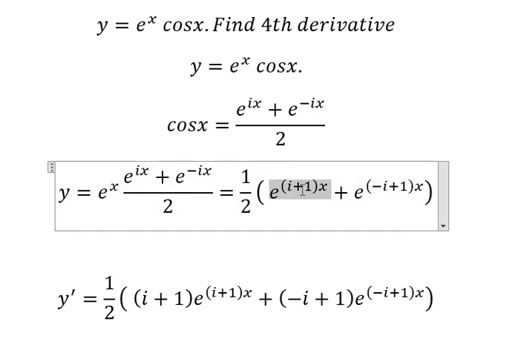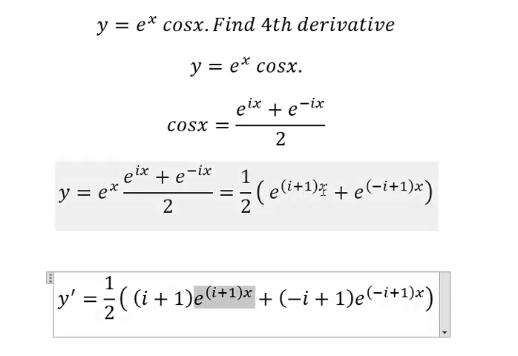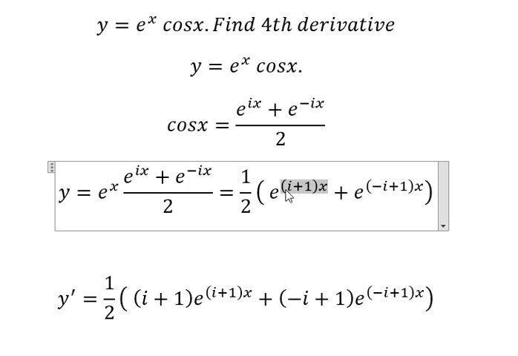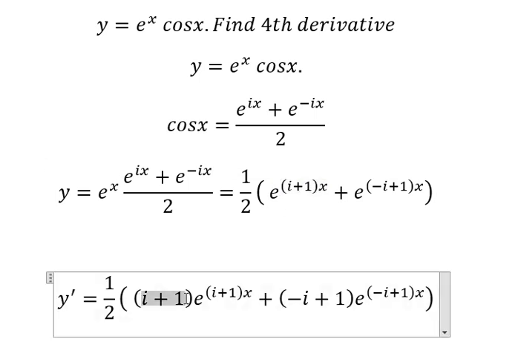Because if we do first derivative of this one, we keep the same. Later that we do first derivative of i x, you get i. Similar for the second one.